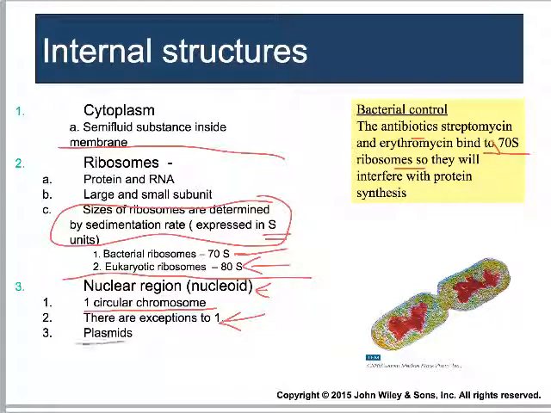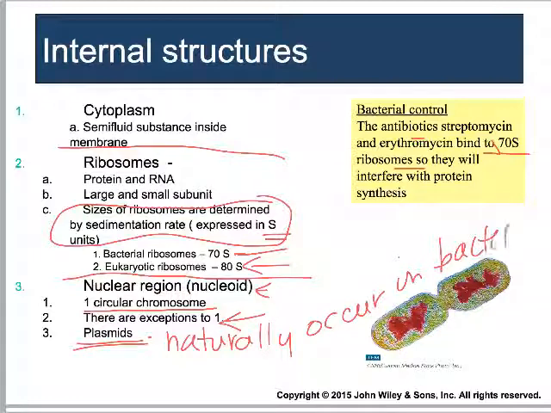Now, plasmids are interesting. They naturally occur in bacteria. It's just a circular piece of DNA. They replicate independently of the chromosome.